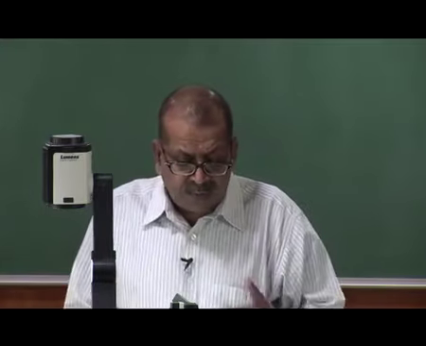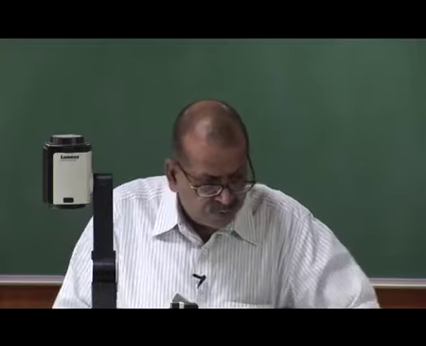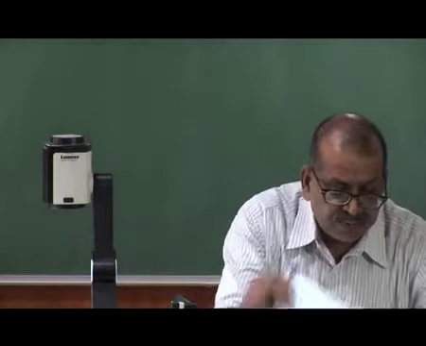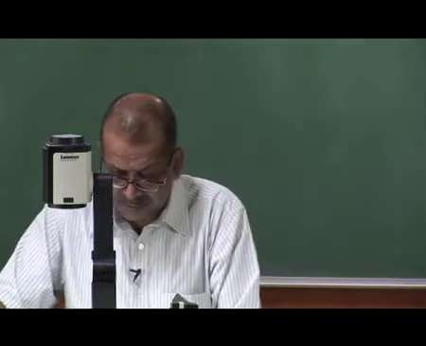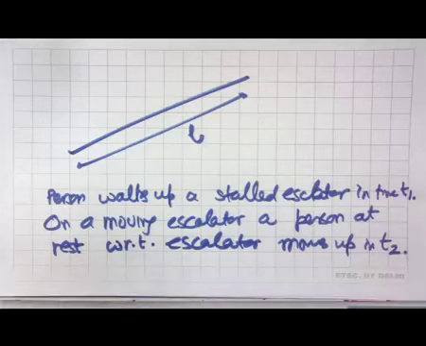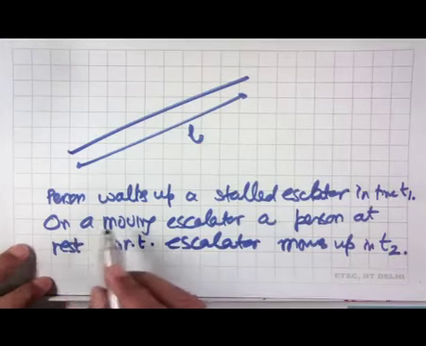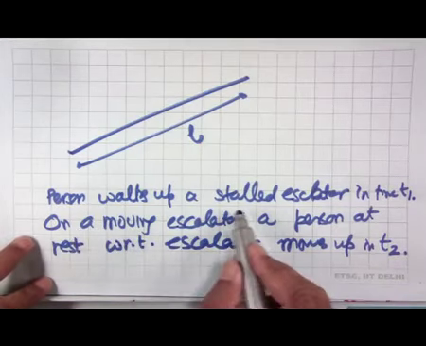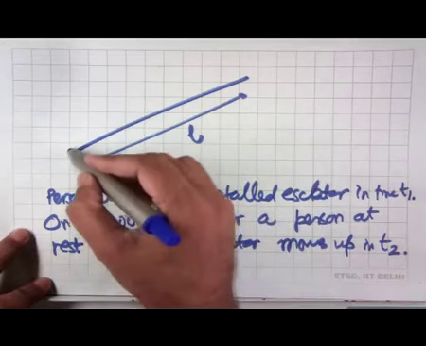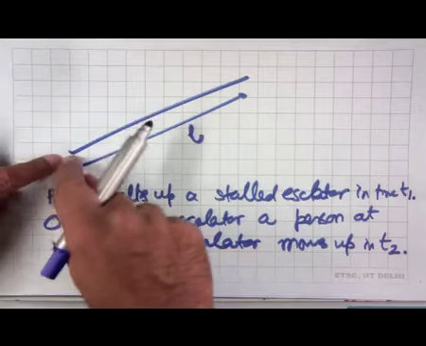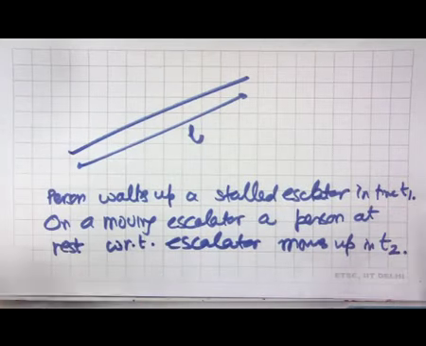Next, let us look at a couple of examples in relative motion. So, the first example which we have is a person walks up a stalled escalator. So, there is an escalator, and if a person walks from bottom to the top, he takes time t1.